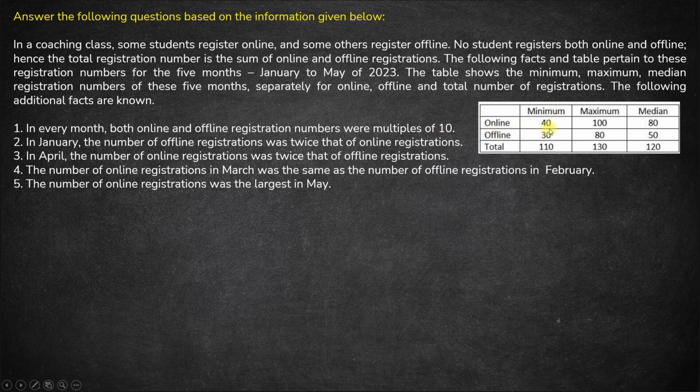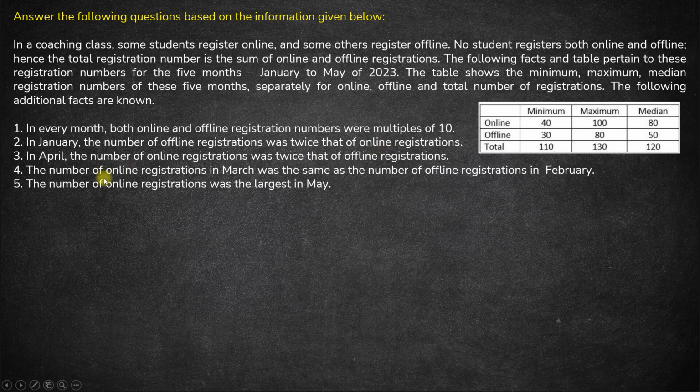That means for online registrations the number of registrations in a particular month will be either 40 or 50 or 60 or 70 or 80 or 90 or 100. Only one of these values. Same will be the case for offline. For offline, the number of registrations in a particular month will be either 30, 40, 50, 60, 70 or 80. Cool. Now in January, the number of offline registrations was twice that of online registrations.